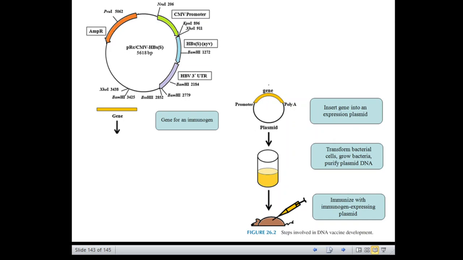So the so-called naked DNA vaccines consist of DNA that is administered directly into the body. These vaccines can be administered with a needle and syringe, or even with a needleless device that uses high pressure gas to shoot microscopic gold particles coated with DNA directly into the cells.